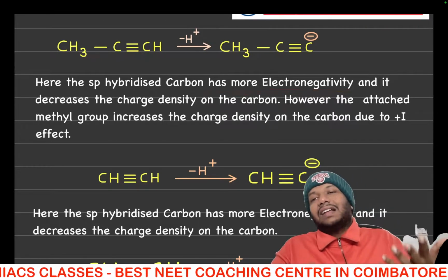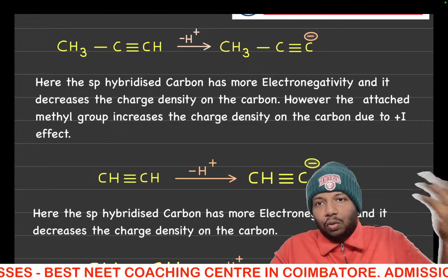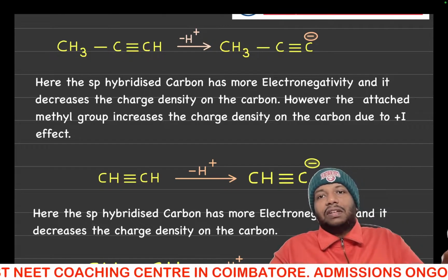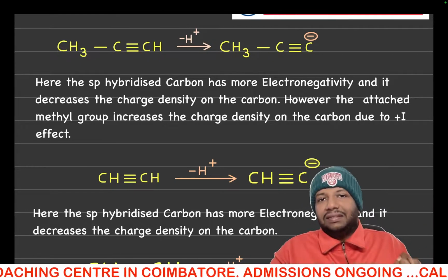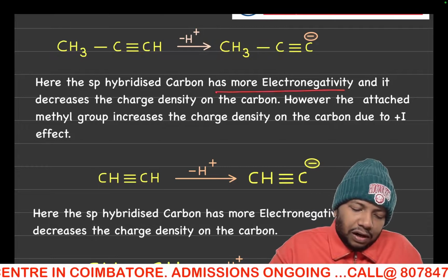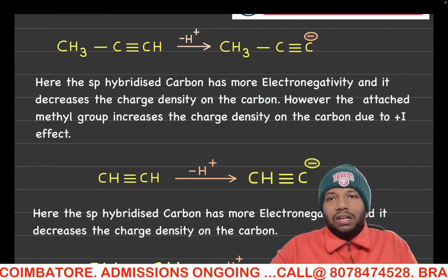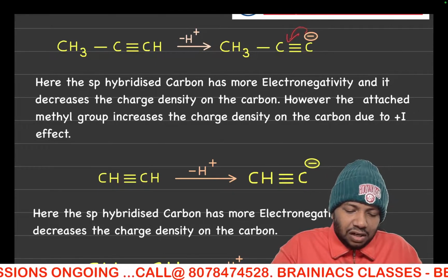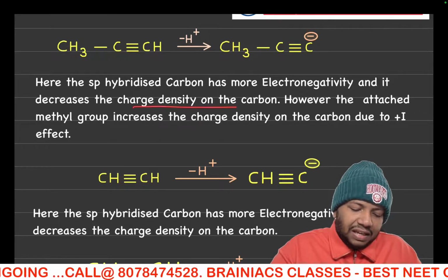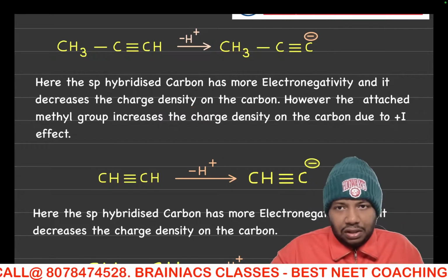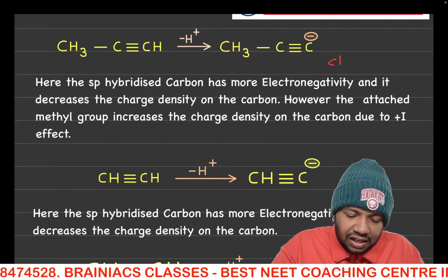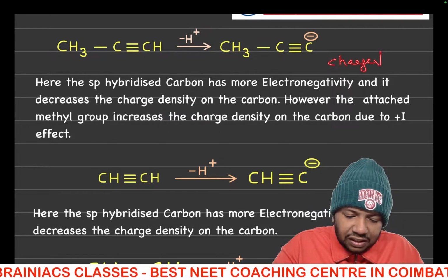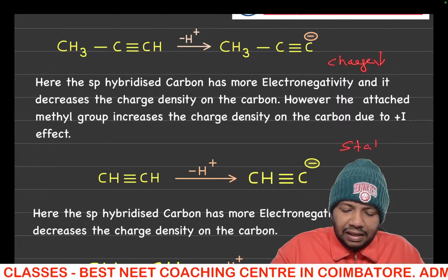As the s character increases, its approach towards the nucleus is very close. That means it will attract electrons very easily, so it has more electronegativity. It will attract this negative charge towards it and try to decrease the charge density on the carbon. So if the charge decreases, what will happen, sir? Charge is decreasing, stability increases.